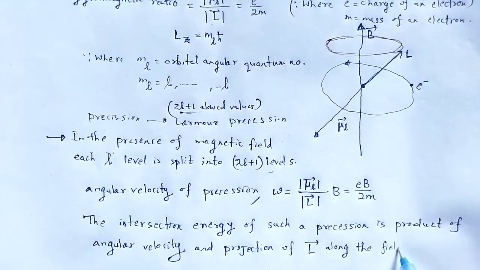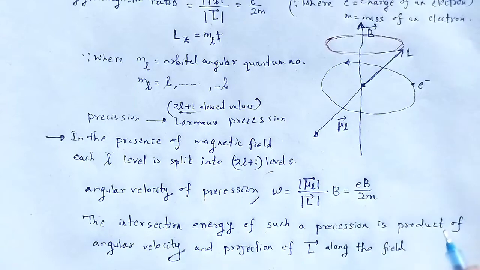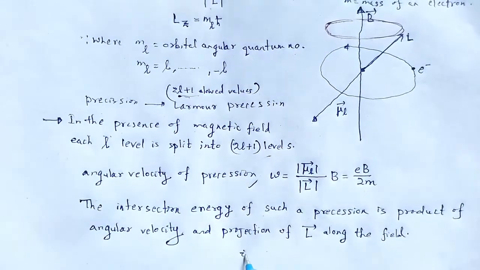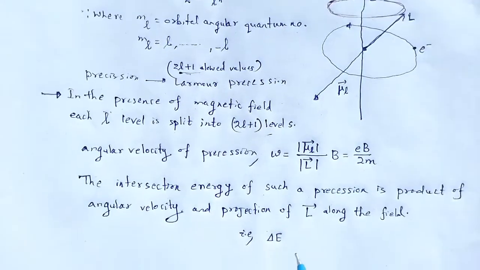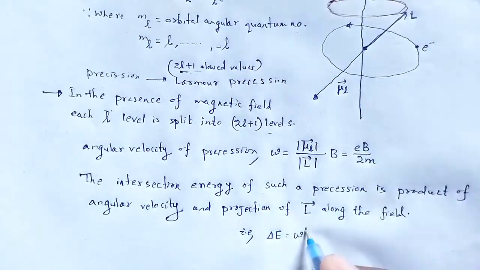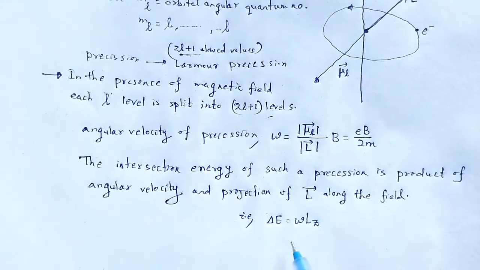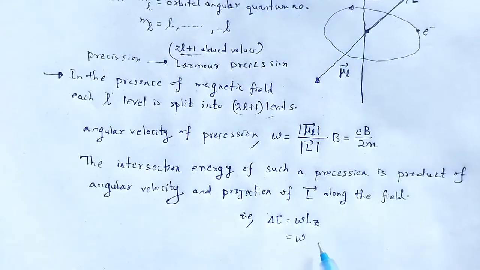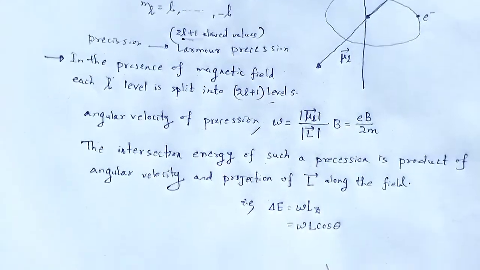The field is along the z direction, so delta E is equal to omega times the z component Lz, that is L cos theta.